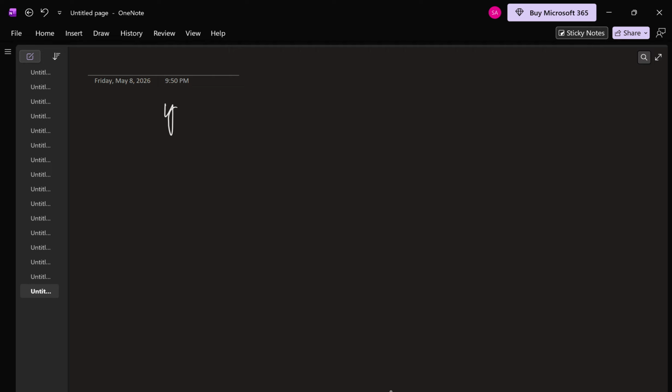y double prime plus y is equal to 1 over cos squared x. Let's first find the homogeneous solution, then use the method of variation of constants.